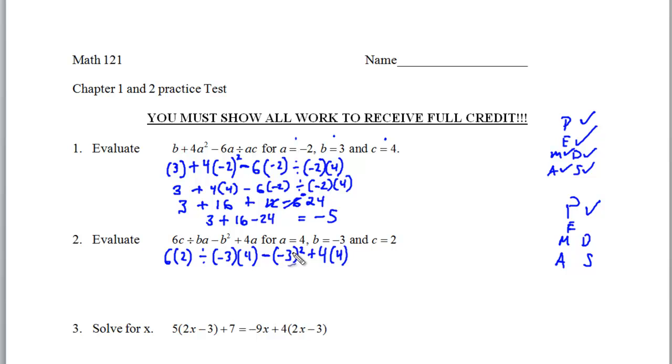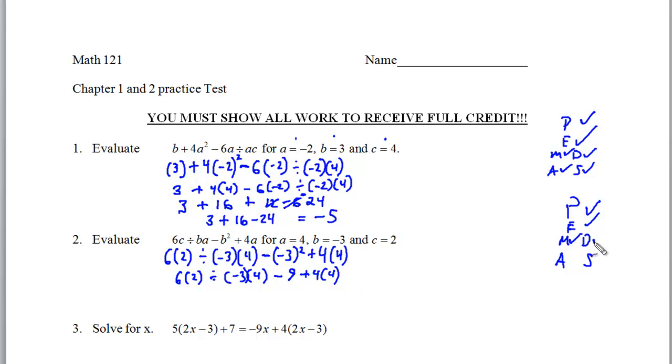So we're going to have 6 times 2 divided by -3 times 4 minus 9, and it's a positive 9 because -3 times -3 is positive 9, plus 4 times 4. And now we've taken care of our exponents.